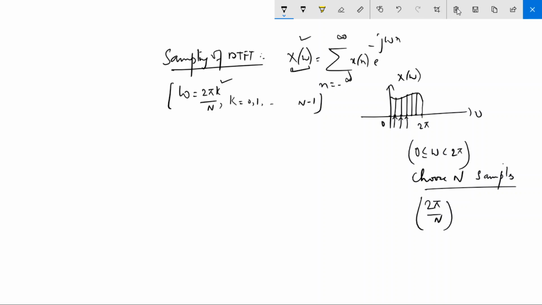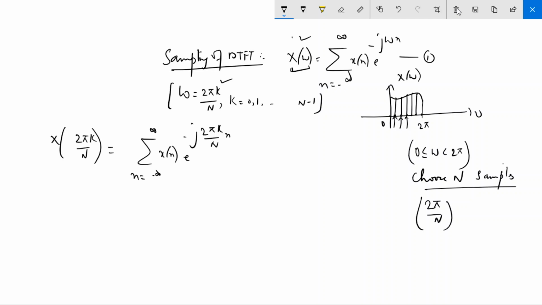In case 1, you are getting the second sample at 2 pi by N, then 4 pi by N, and so on. So when you sample it, the samples you will get at 2 pi k by N will be the sum of x(n) e raised to the power minus j 2 pi k n by N.